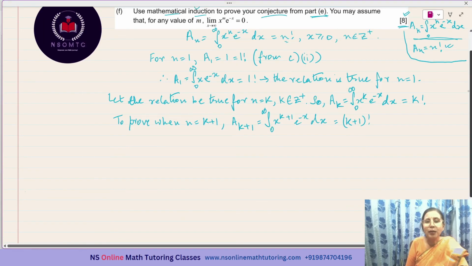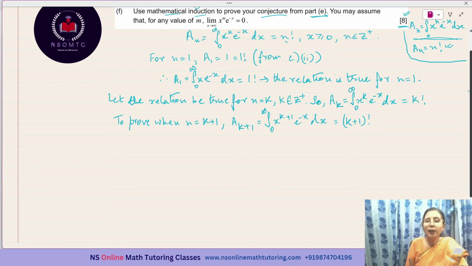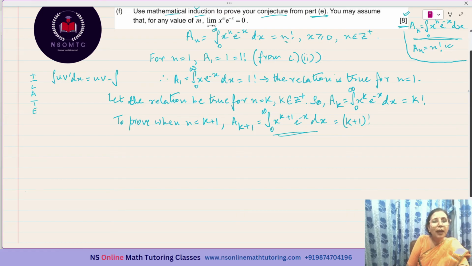This is the mathematical induction process. And now we have to integrate this. Of course, we will be using the by parts rule. And you know the by parts rule. For the by parts rule, we have to select the u. The u is selected using ALATE. And in case you have again forgotten the by parts rule, let me write it once more. Integral of uv dash dx is equal to uv minus integral of u dash v dx.